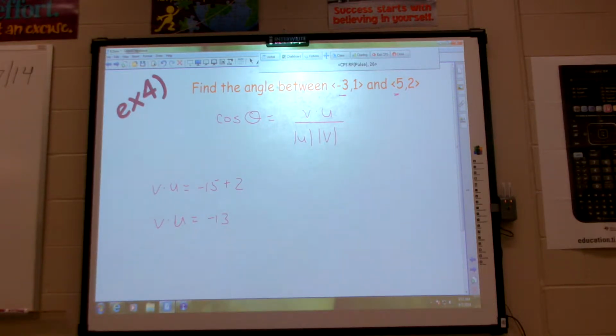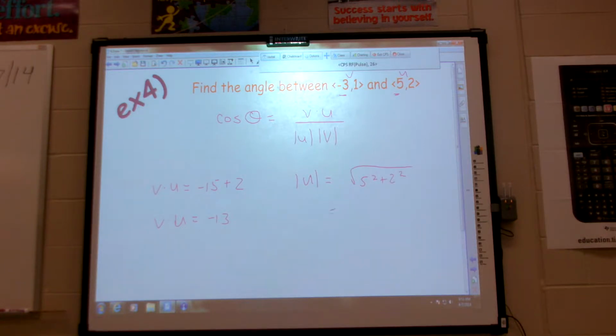Let's find the magnitude of u. Take the square root. It doesn't matter which one you call them. Let's call this one v, let's call this one u. So I'll have 5 squared plus 2 squared.